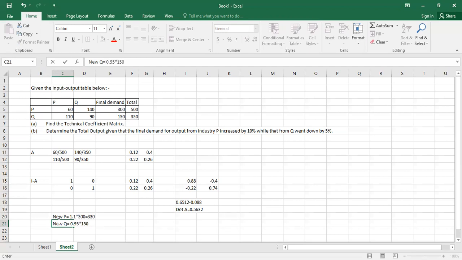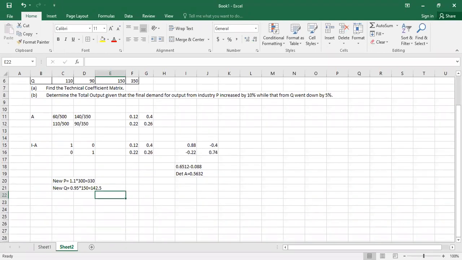What do I get? 142.5. Yeah, 142.5. Well, so I now have everything to go for the Leontief matrix.